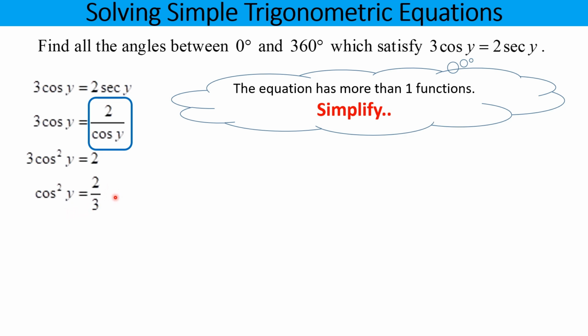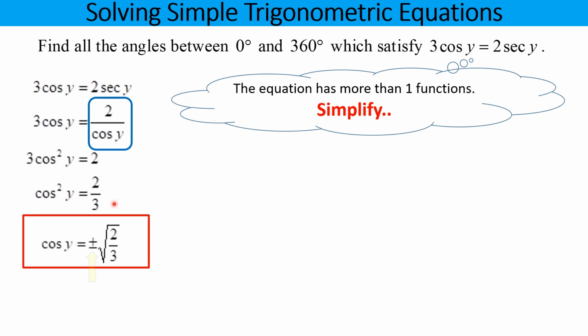Now, why I pick this example is simply because in the process of simplifying, a lot of students tend to neglect the plus and minus sign here. So please remember, whenever there is a square term, when you take a square root, there should be a plus and minus sign included. So do take note.